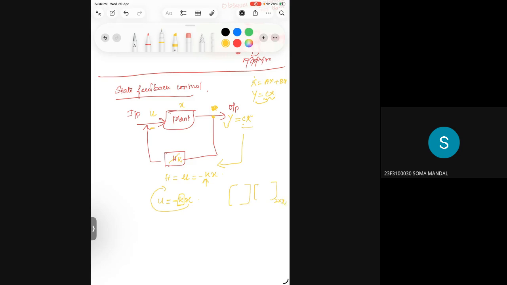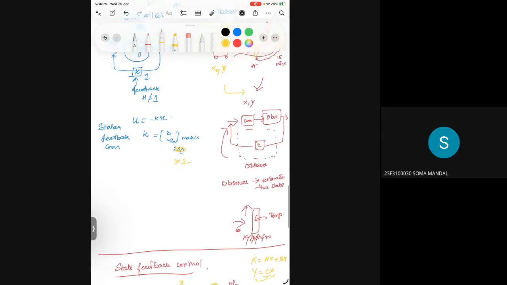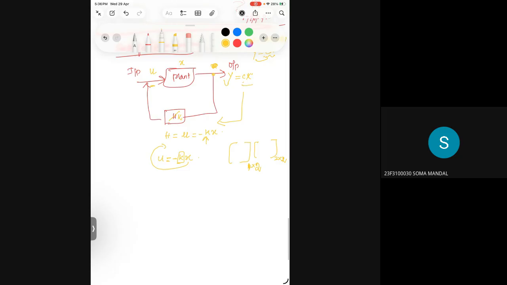Sorry. If it is 2 cross 2, this should be 2 cross 1. No, 1 cross 2, right? Then only the inner product will be applicable. Here I have introduced a mistake. It should be 1 cross 2. If it is n cross n, this should be 1 cross n. Your K matrix will be 1 cross n.